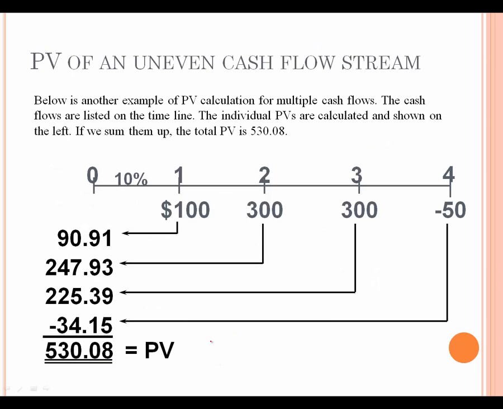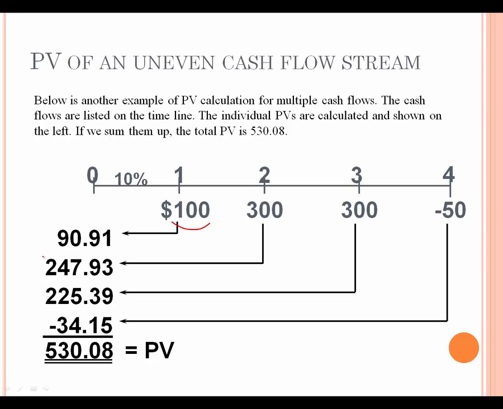If we look at another example, this is a timeline, and on this timeline you see that the first year you have $100, the second year and third year you have $300 each year, and then the fourth year you have a negative 50. So to calculate the total present value, you follow the same idea. You calculate the present value of every one, and you sum them up to get the total 530.08.